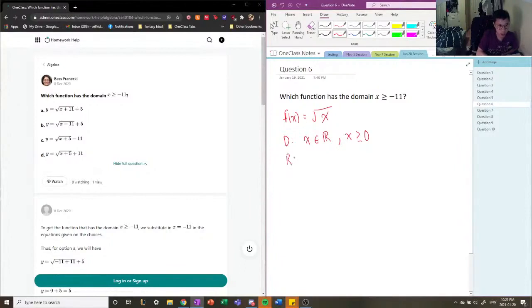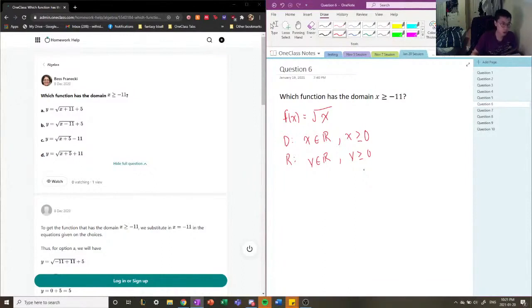And the range of this function is going to be y belongs to all real values, but y has to be greater or equal to 0. So that's the domain and range of the square root function. This is because the square root function cannot take the square root of negative numbers, and because of that, there is a restriction upon its domain and range.